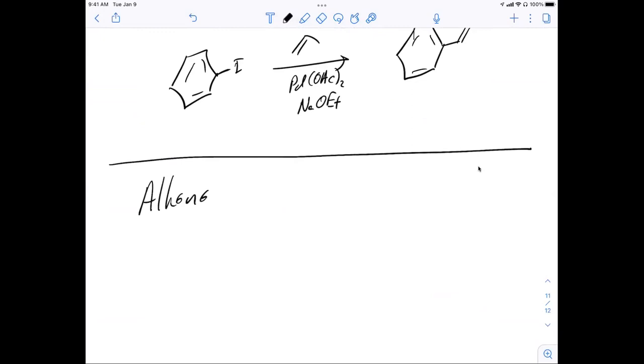The last section in this chapter is alkene metathesis.